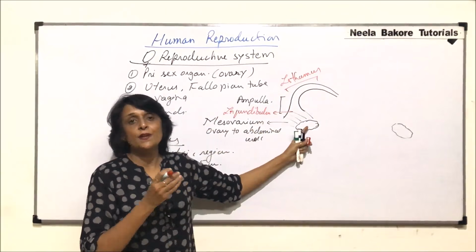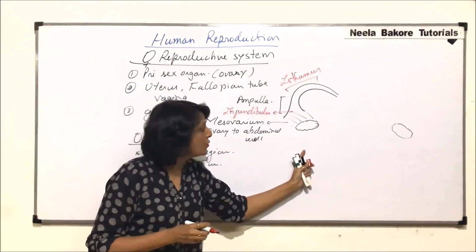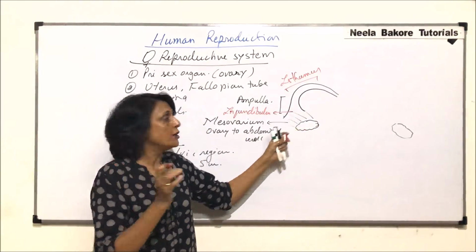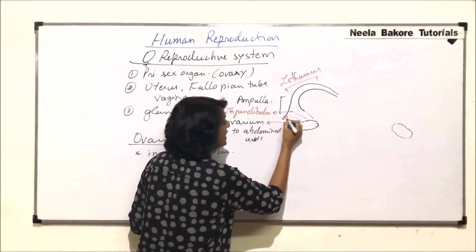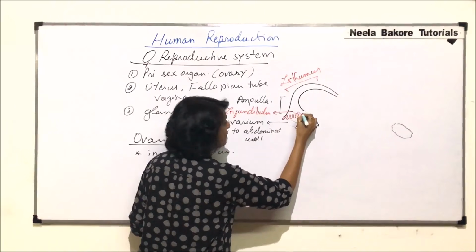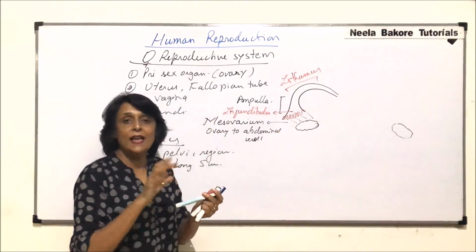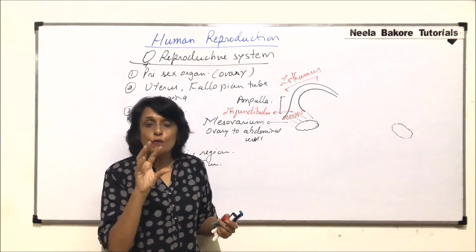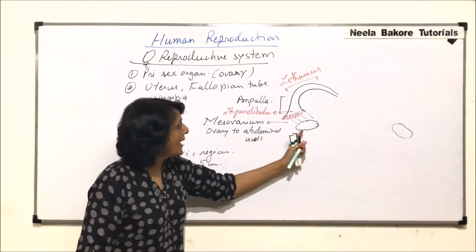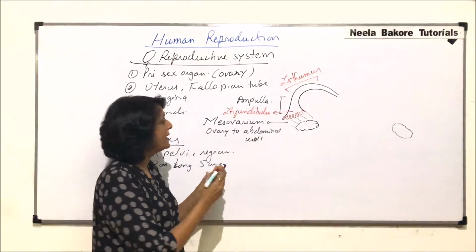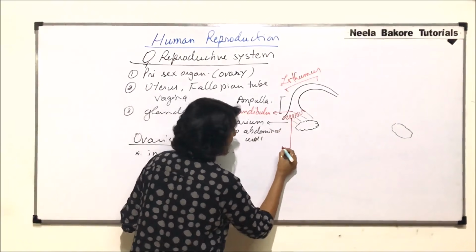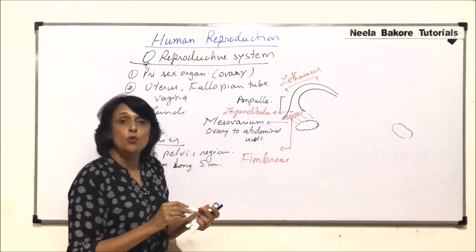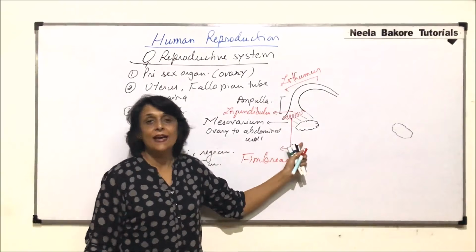From this structure it appears that if the ovary releases the egg, it is going to fall down. But some finger-like structures create a movement. The funnel-like opening has these finger-like structures. They move and create a suction so that the egg is collected by it. These finger-like structures are known as fimbriae, which move and collect the egg.